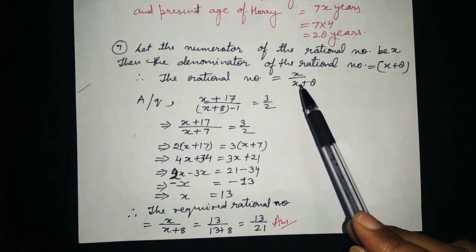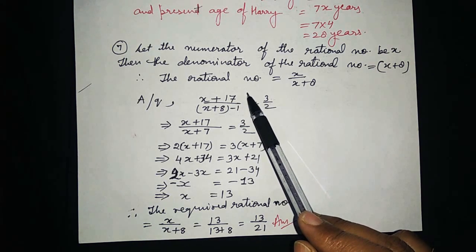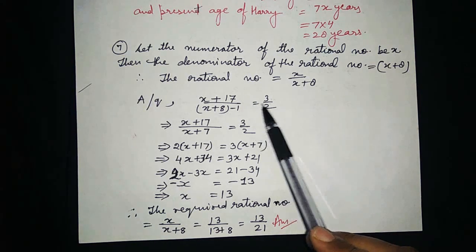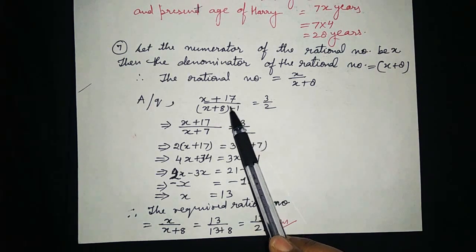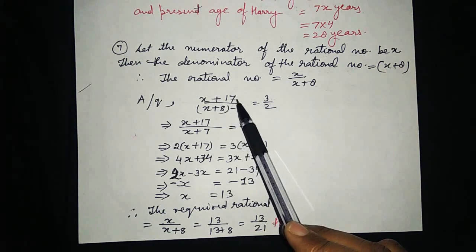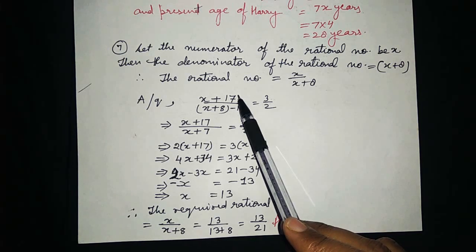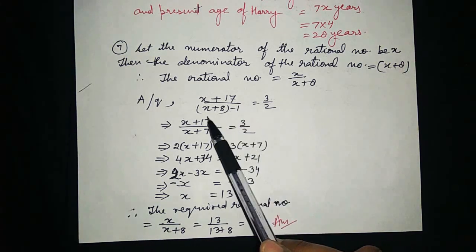After that, you see the second sentence of the question. If the numerator is increased by 17 and the denominator is decreased by 1, here you can see I have written plus 17 with the numerator and minus 1 with the denominator.